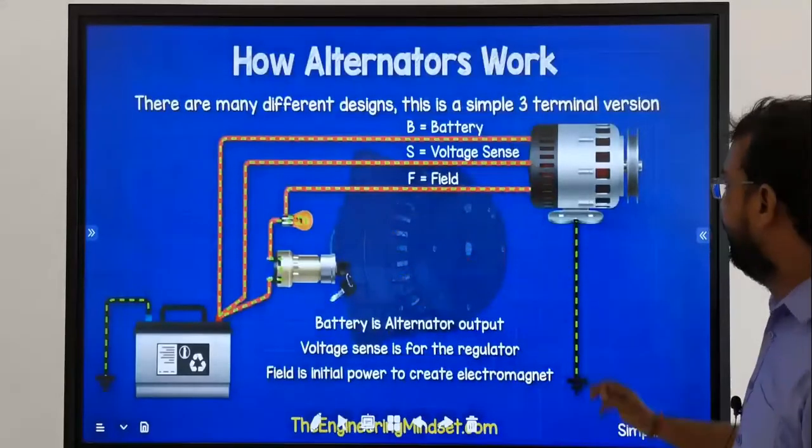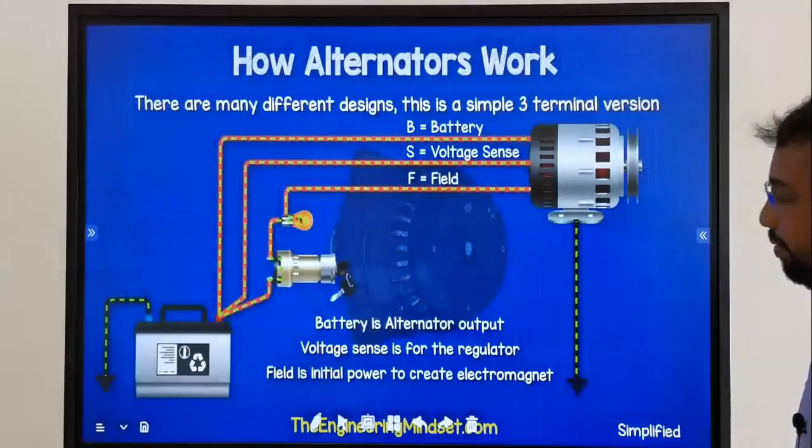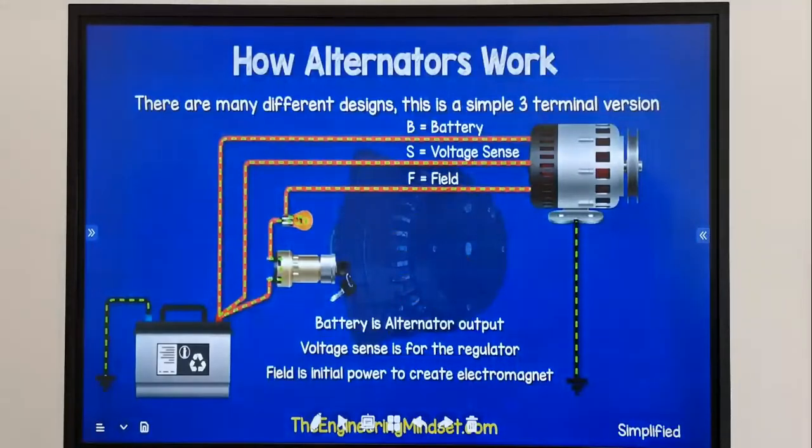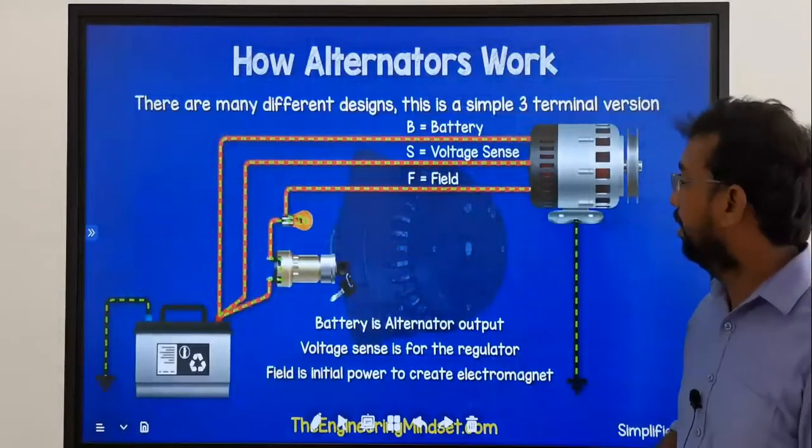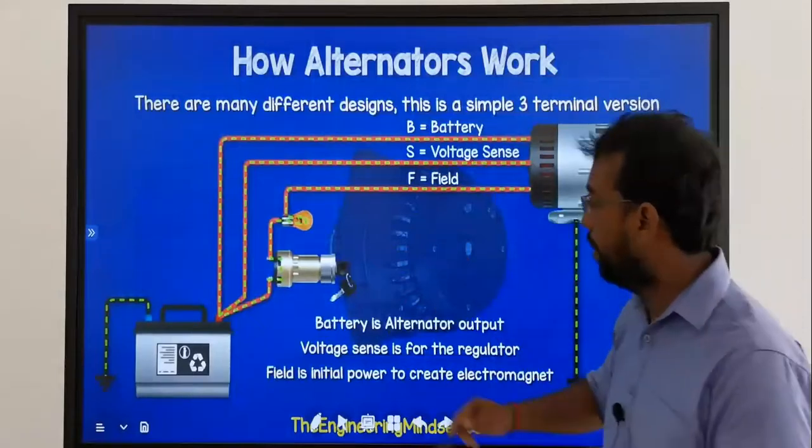And the field. When we need the alternator in the working condition of this vehicle to charge the battery, first we have to turn on the vehicle.